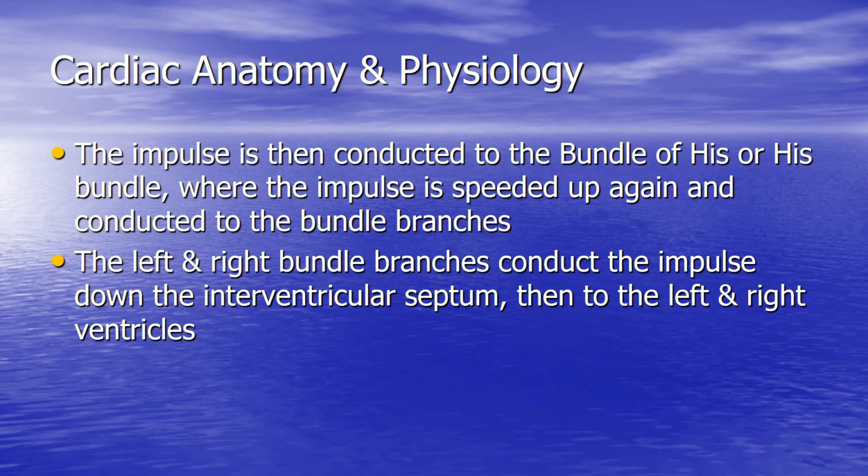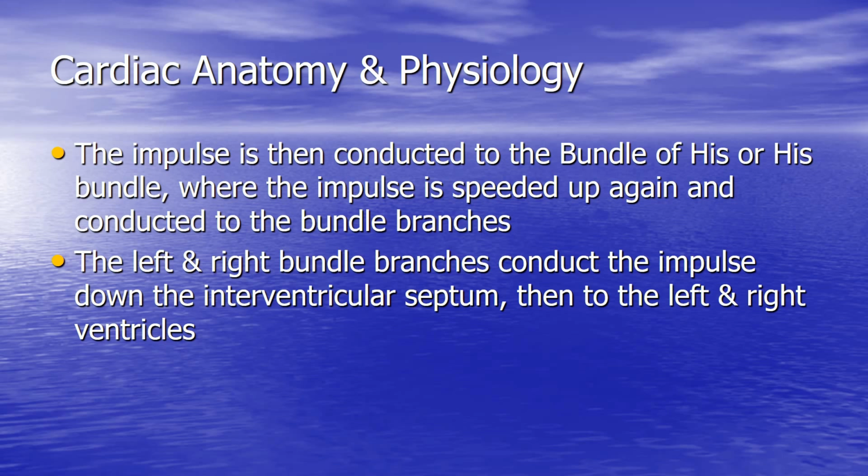The impulse is then conducted to the bundle of His, or the His bundle, where the impulse is sped up again and conducted to the bundle branches. The left and right bundle branches conduct the impulse down the interventricular septum and to the left and right ventricles respectively.